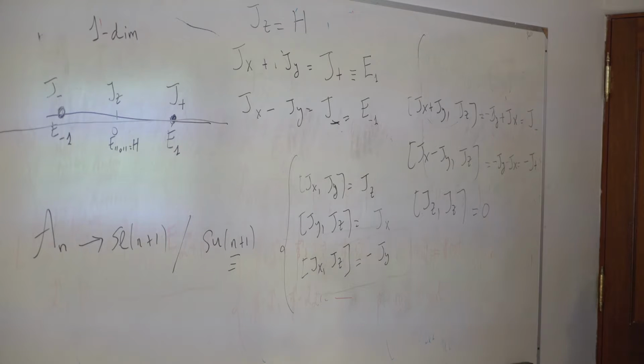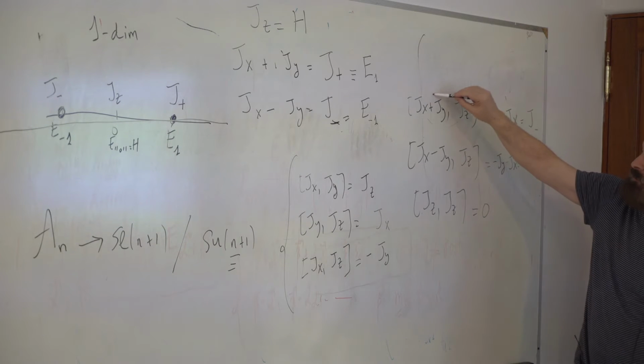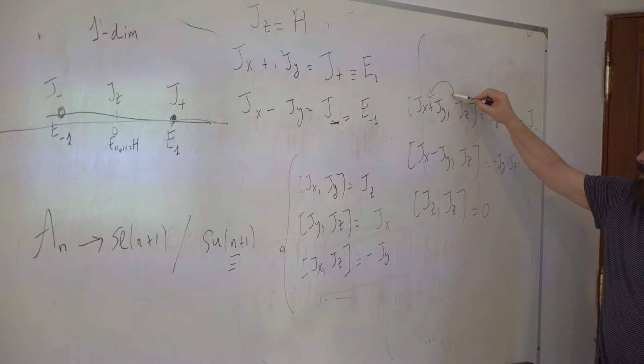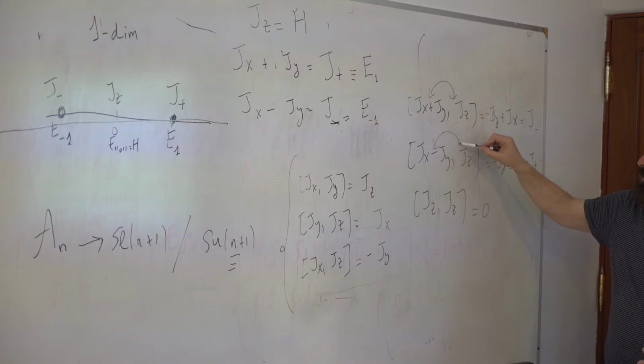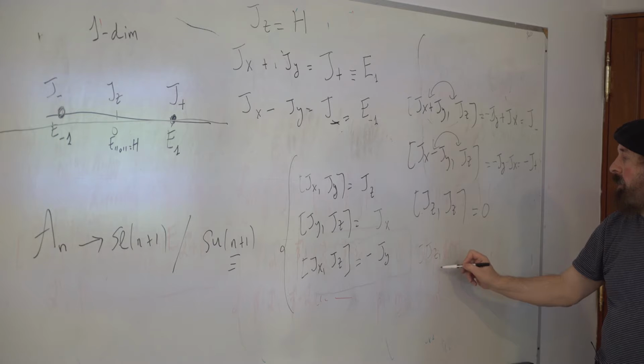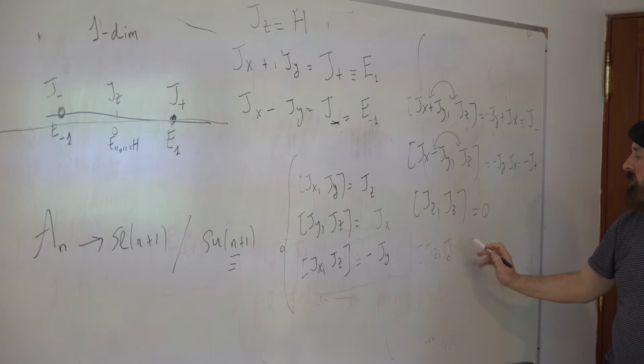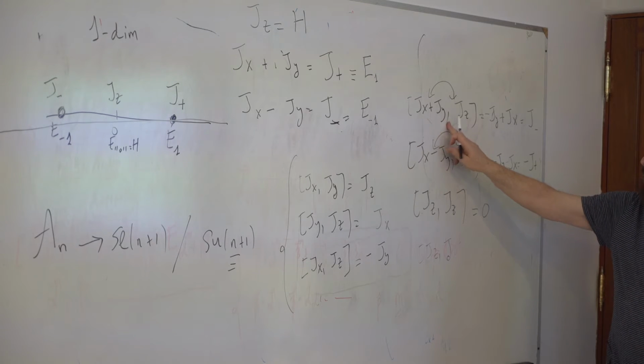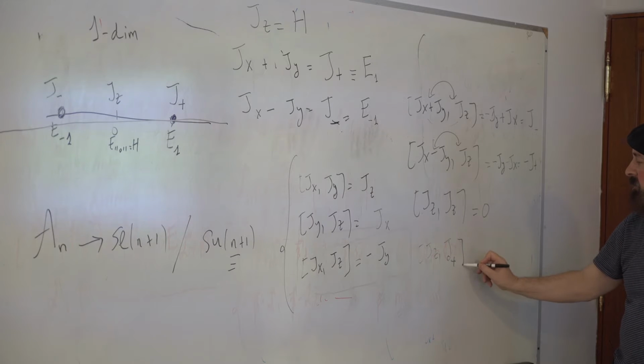Let's flip the order of the commutators, so it's going to be a negative. What I'm going to have is Jz with Jx plus Jy. This is what I call J plus.